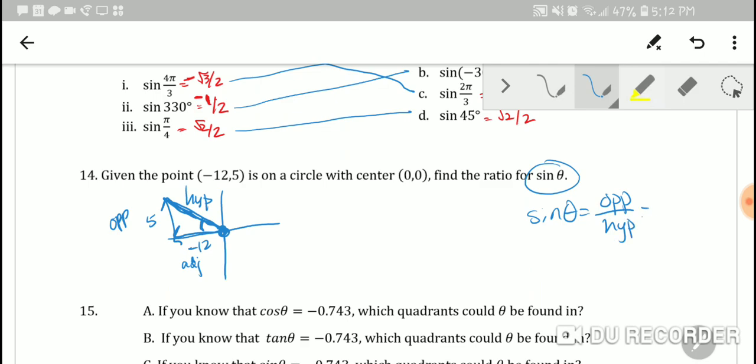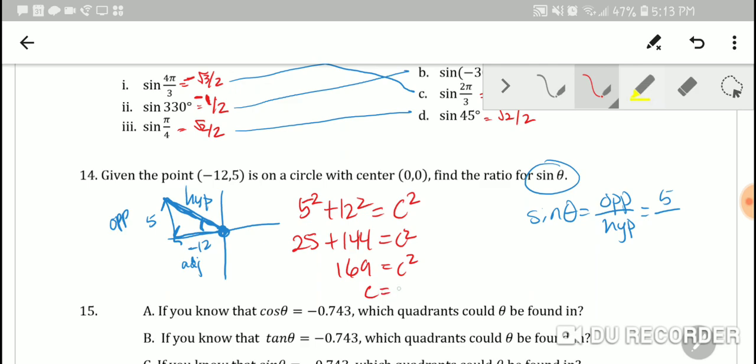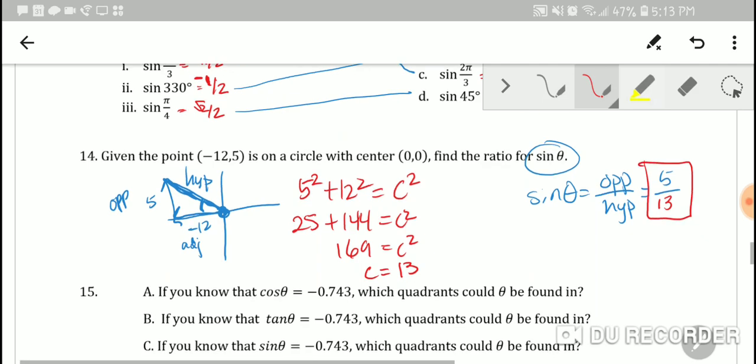We have our opposite, we know that is 5, but we need to do some work to figure out that hypotenuse. So you can use Pythagorean theorem. 5 squared plus 12 squared is equal to c squared. So your c value is going to be 13 after you take the square root. So your ratio is going to be 5 over 13 for number 14.